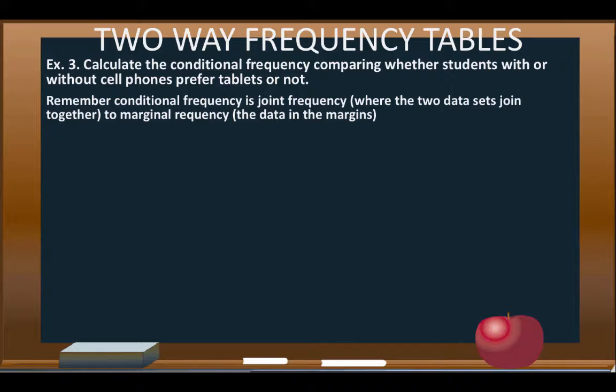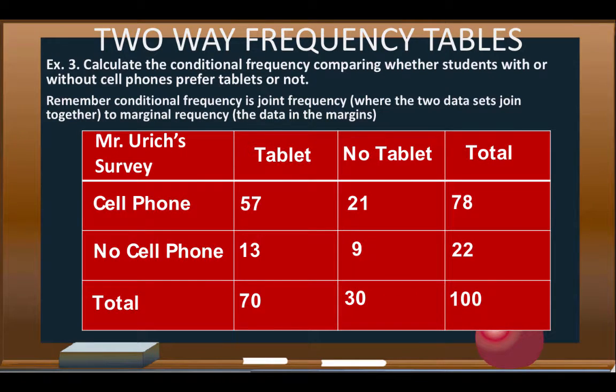So this one takes a little bit more extra thinking because you're only going to use a couple of the numbers. You're not going to use all of those totals.